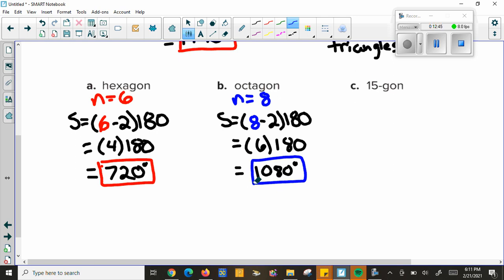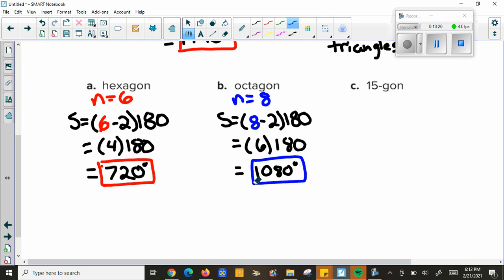Every polygon has a name, and that name tells us the number of sides based on the prefix. So the part that comes before gon tells me the number of sides. After we get past 10 and sometimes 11, the names for them start to get rather long.